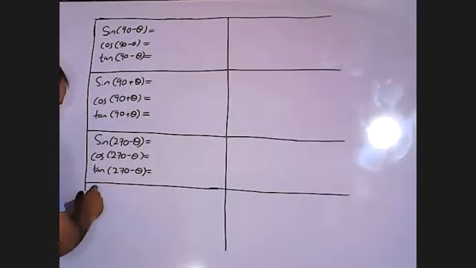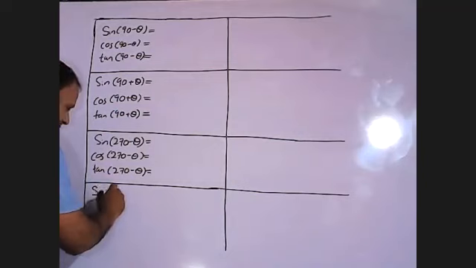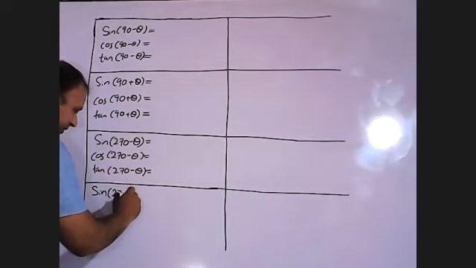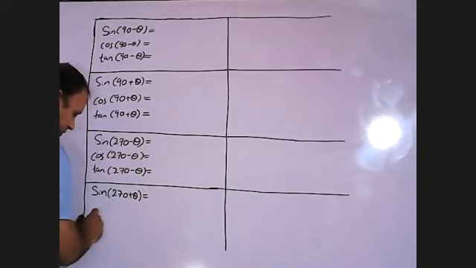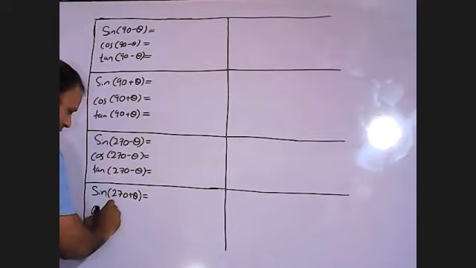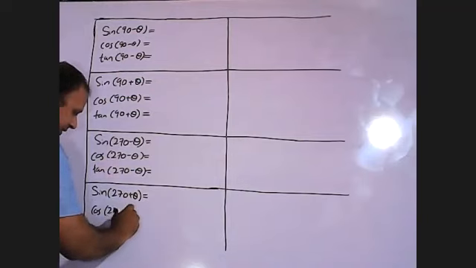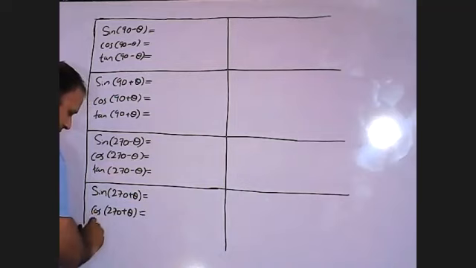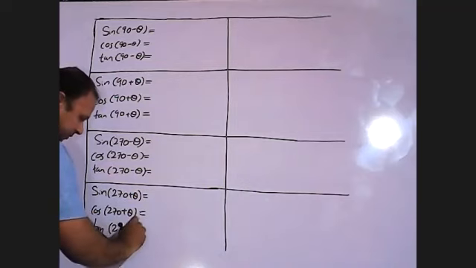Then sine 270 plus theta, cos 270 plus theta, and tan 270 plus theta.